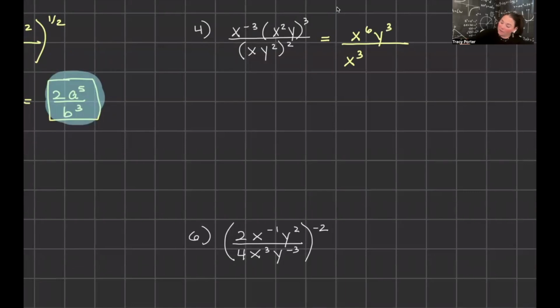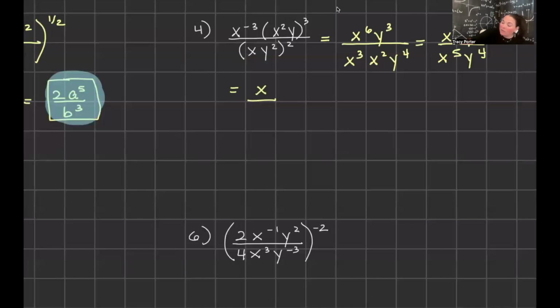And then down in the denominator, we have an x squared y to the fourth. Okay, looks like that. Let's simplify on the bottom. That's going to be x to the fifth y to the fourth. And then cleaning this up, I will have x to the sixth over x to the fifth will just be an x in the top.